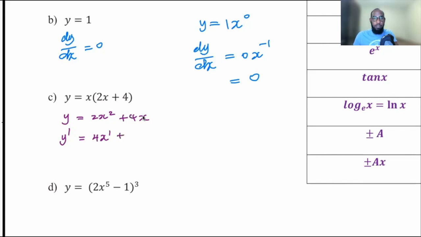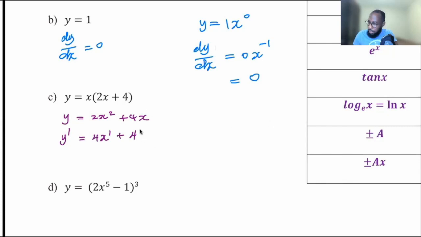so we have 4x, right? So 4x, when you differentiate 4x, you will get 4, right? Because if you have a number 1 here, 1 times 4 is 4. And then you have x to the 1 minus 1 is 0. And we know x to the power 0 is equal to 1, right?